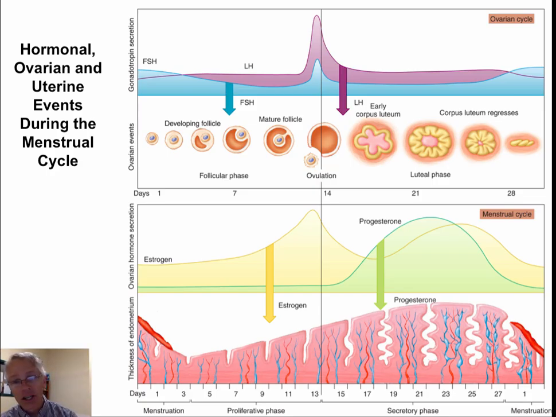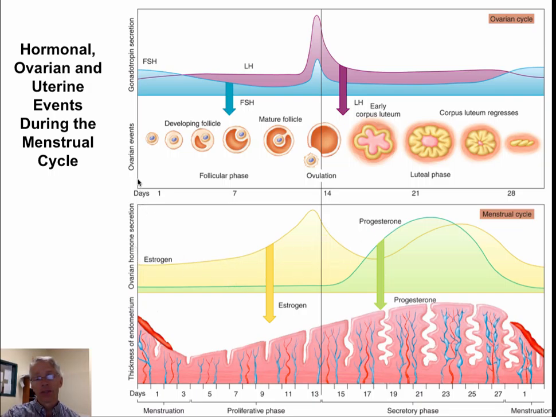Here is a look at some of those same events that we saw in the ovary, now set out into a line, and juxtaposed with those ovarian events are things happening with hormones that come from the pituitary gland. Those are the gonadotropins. And the hormones that come from the ovary are estrogen and progesterone.